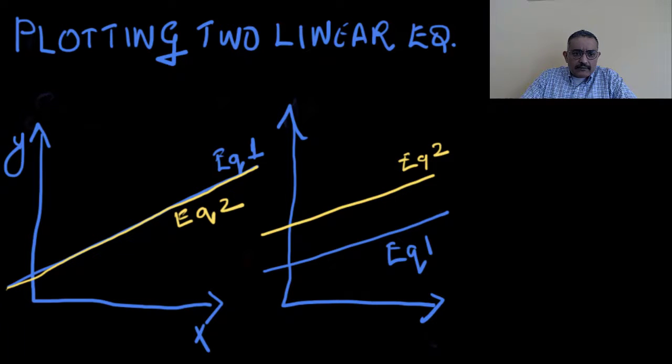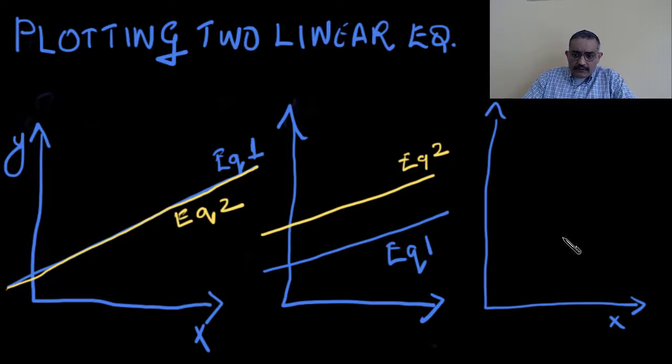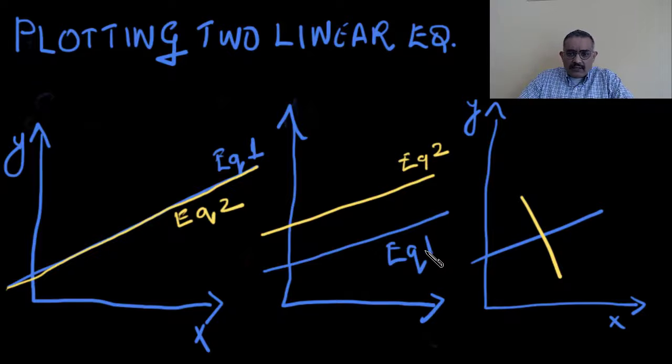Now the third case is fairly straightforward. This is the x, this is the y axis, and the two lines essentially meet at one point. Now what is the significance of these three options? That's what we're going to review next.